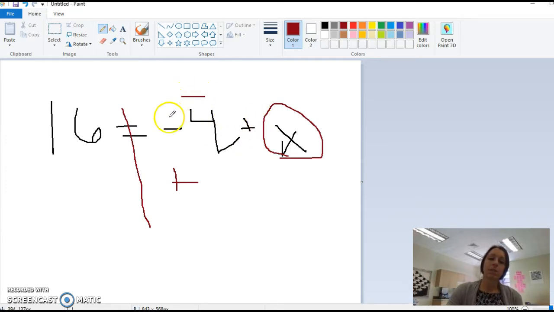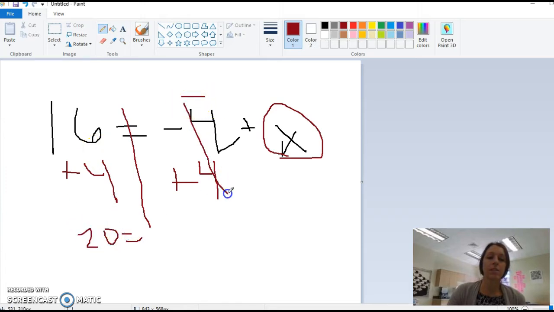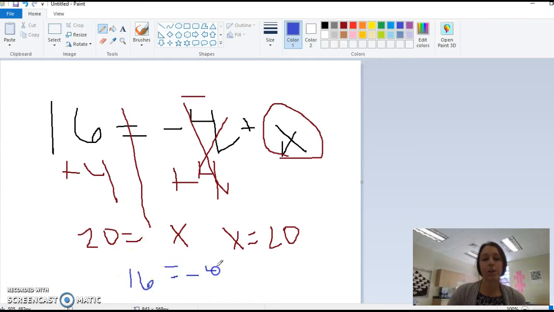But it really depends on what's in front of the 4. And since the 4 is negative, the opposite of it is a positive 4 on both sides. 16 plus 4 is 20 equals, this cancels. We're left with x. So x equals 20. Checking, we get 16 equals negative 4 plus 20. We simplify negative 4 plus 20. It is 16, so 16 does equal 16.